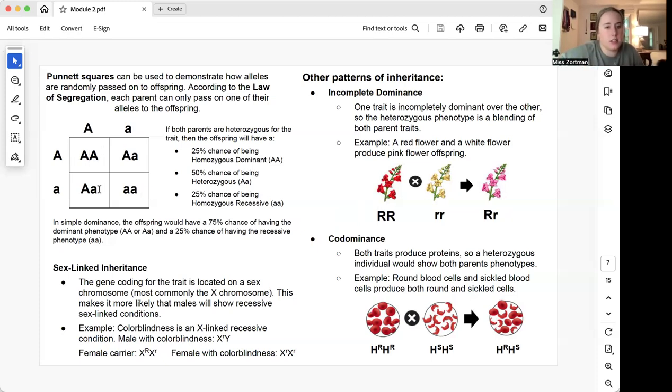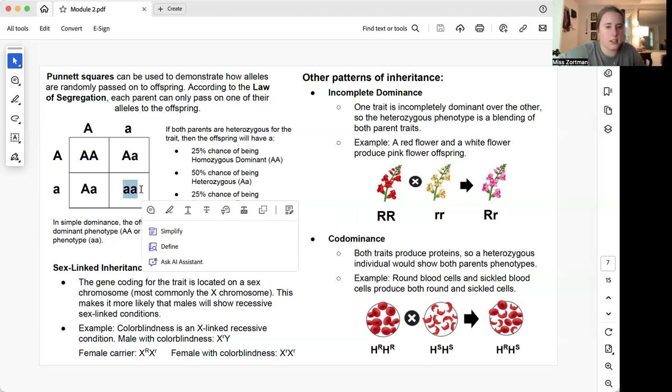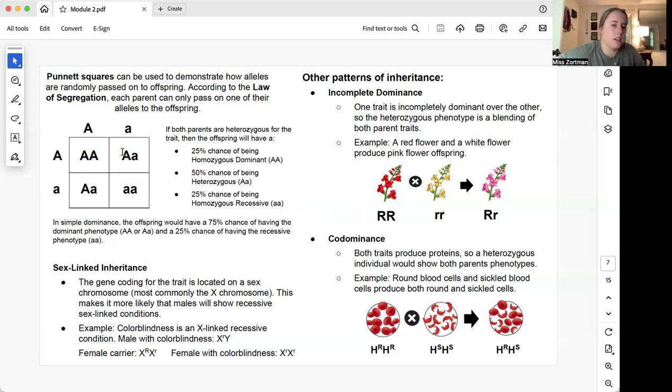You get a 50% chance of heterozygous since there are two boxes, and a 25% chance of homozygous recessive. Remember, each box is worth 25%. If none were lowercase, that would be 0%. If it was asking which ones would show the dominant trait and there were three, it would be 75%, and so on. So it goes by 25% each box.